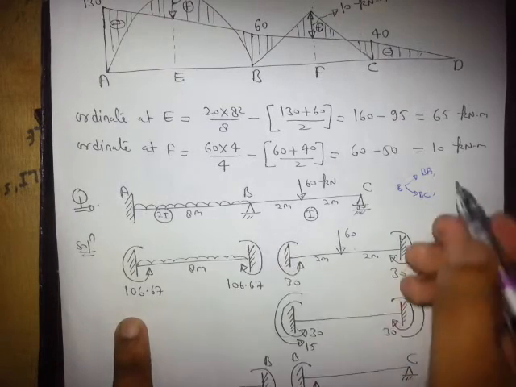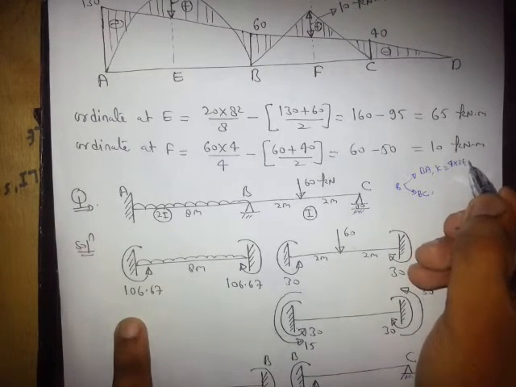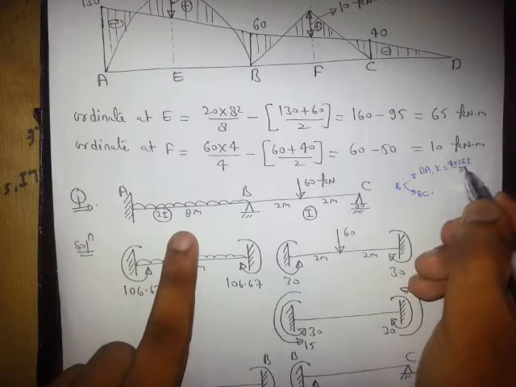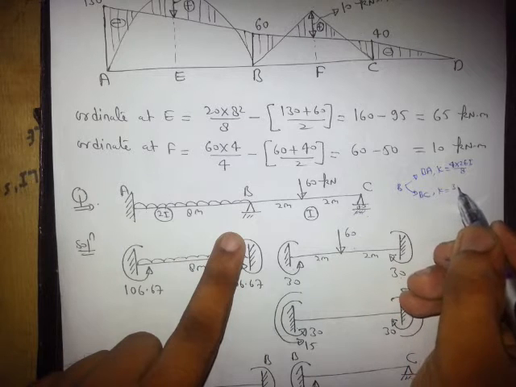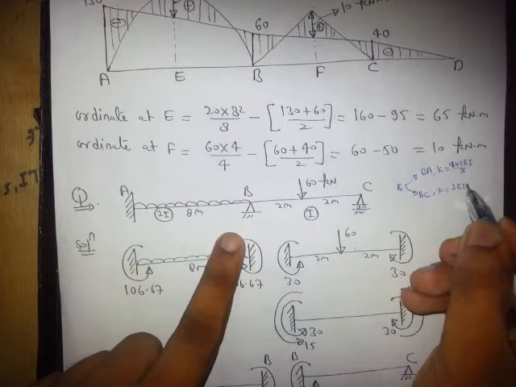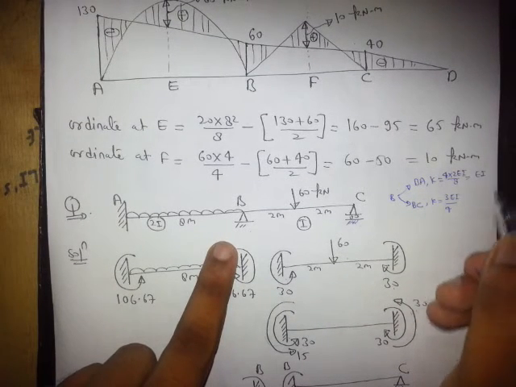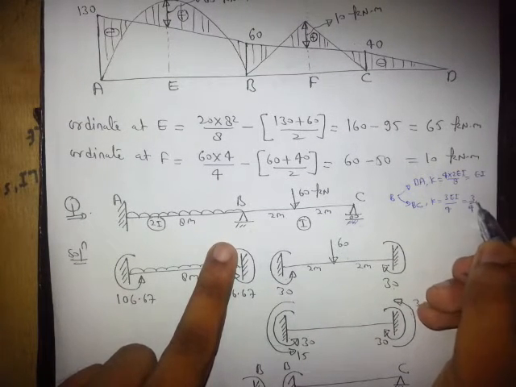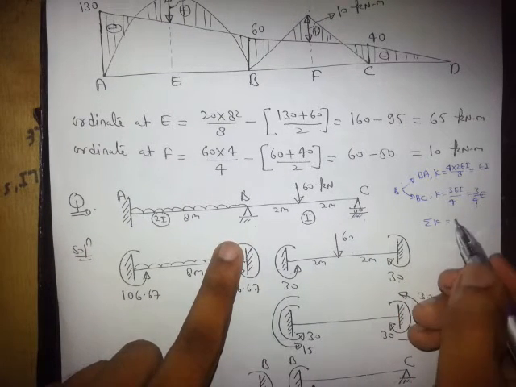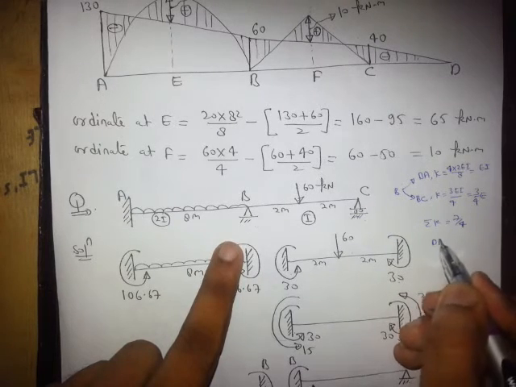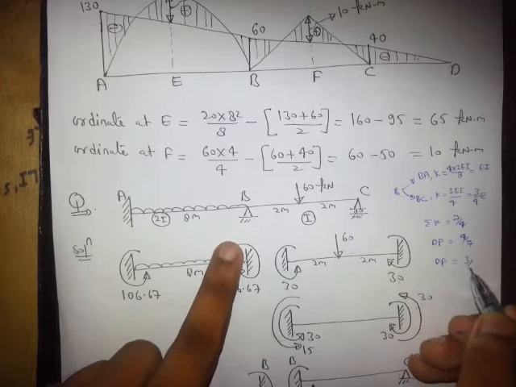So BA will be 4 into 2 EI divided by L, and since the far end is hinged for BC, K will be 3 EI divided by L, which is 3 by 4 EI. So total K will be 1 plus 3 by 4, 7 by 4. So the distribution factors will be 4 by 7 and 3 by 7.